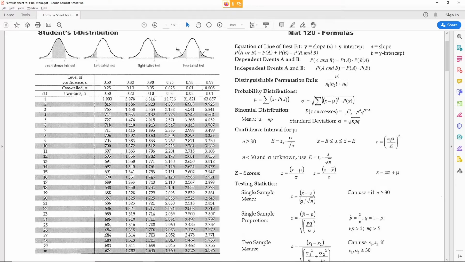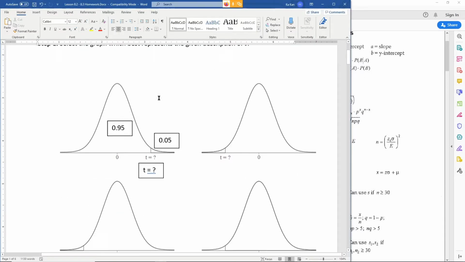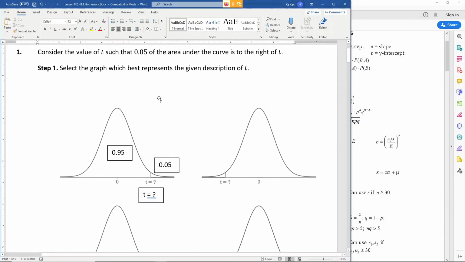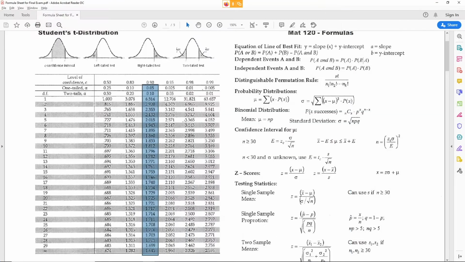So one tail will be the right tail. One tail 0.05 is the middle column right here. You have to look at this column. The question is, which number will be the answer? The sample size is going to determine it. If your sample size is 10, what's the degree of freedom?